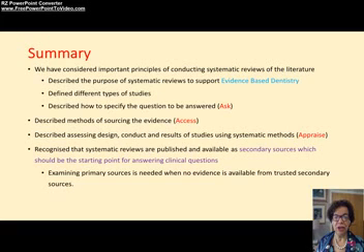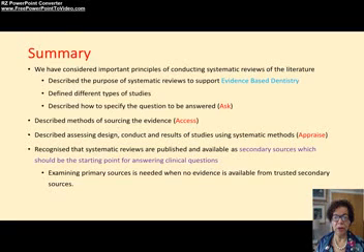Across the 2 lectures, we have considered important principles and practical steps in conducting systematic reviews of the literature: why we do them, and that there are different types of studies and information that can contribute. We've spent time considering how to structure a question that will enable you to conduct a search of the literature efficiently and systematically, and described primary and secondary sources of the evidence and how to access them.